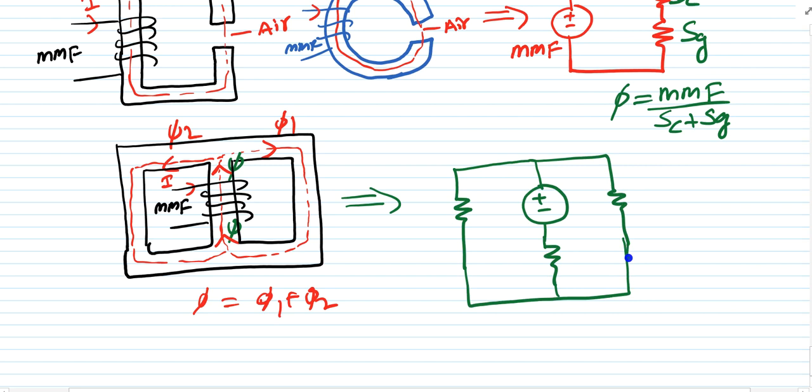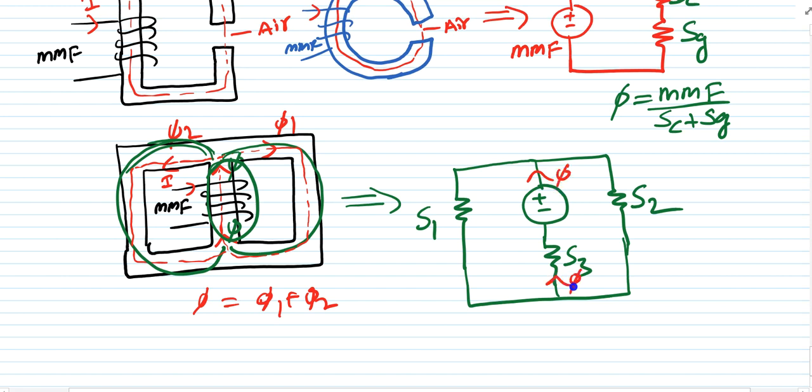I can say this is one core, S1 core. Up to this point, this is core S1, and up to this point, this is the second core's reluctance, and this one is the third core reluctance S3. Here my total flux phi is coming, and here it is divided: this is phi 1, this is phi 2, and again it comes back.